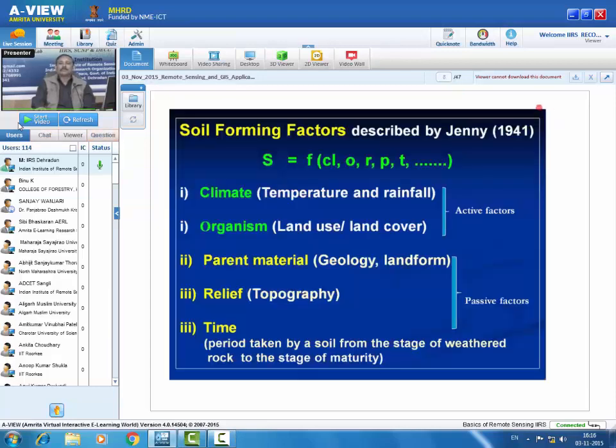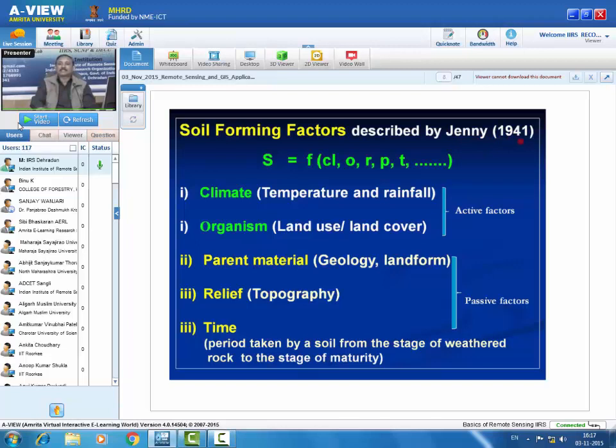Before proceeding to how soil mapping is done, we should know what the soil forming factors are, because the development of soil at any place depends on the factors responsible for its development. The basic concept behind soil mapping is based on the soil forming factors.